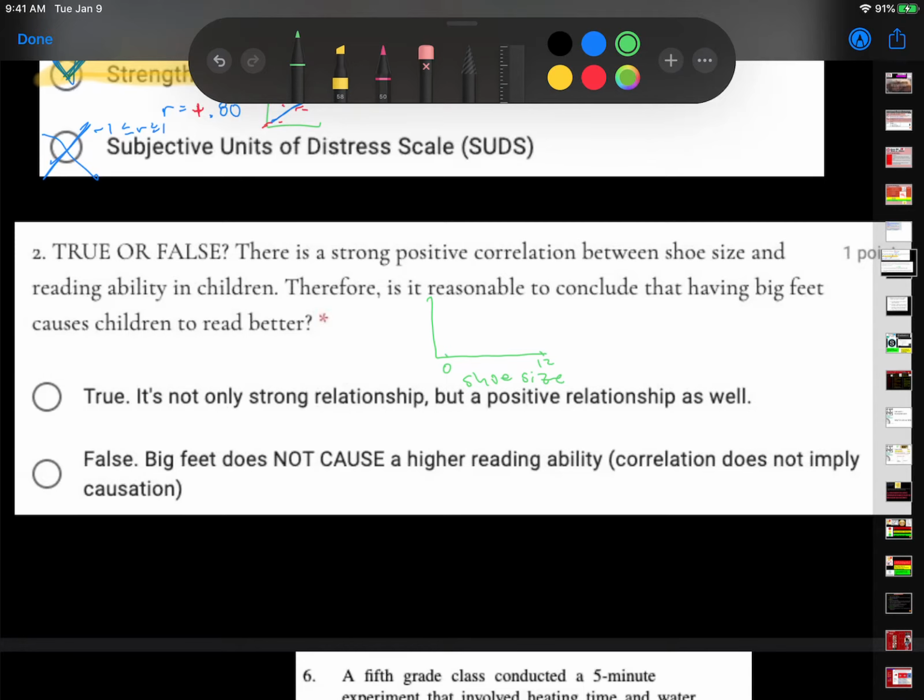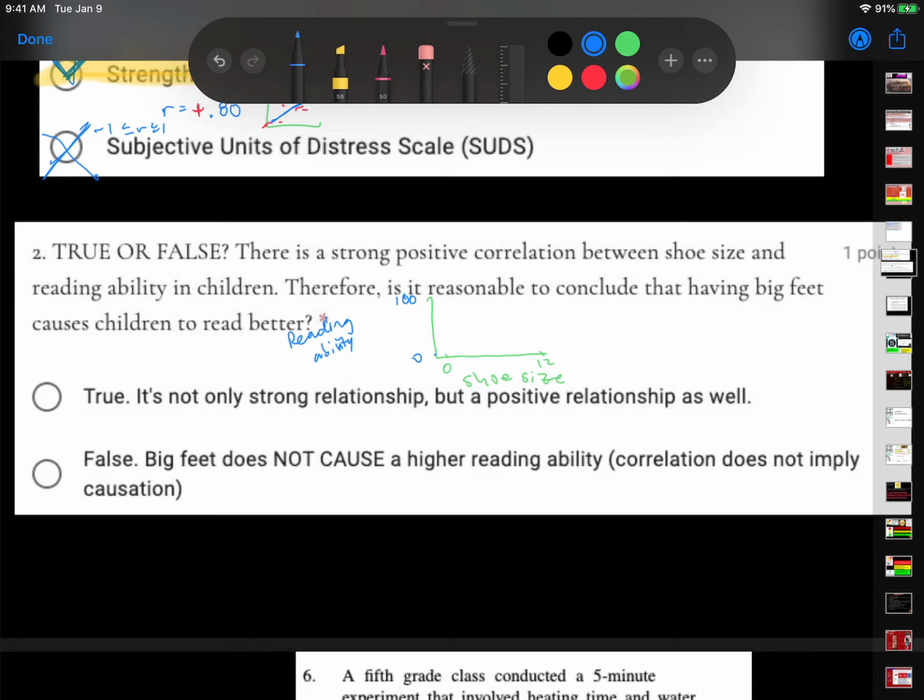Reading ability, let's call it a score, like 100 to 0. Therefore, it is reasonable to conclude that having big feet causes children to read better.